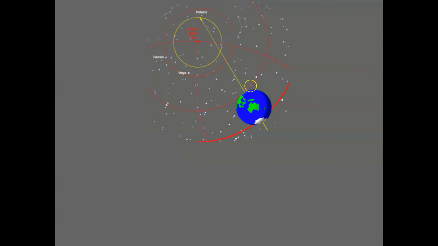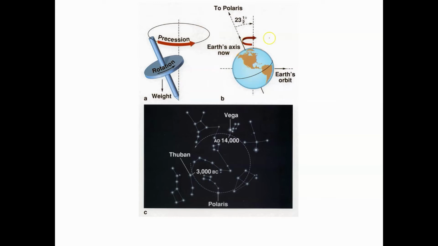So instead of looking down at the top, this is looking out from Earth above into the night sky. And right now, when we use our North Pole of the Earth to match up with the North Pole of the celestial sphere, the norths happen to line up right just there with Polaris. You can kind of think of precession as this motion similar to watching a top slow down. It starts to wobble.